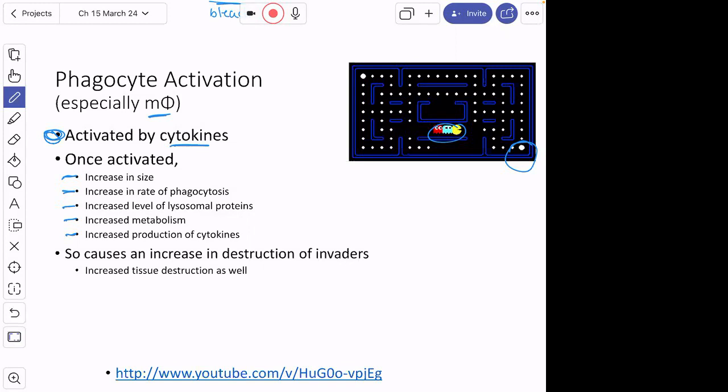So it makes them more effective at causing the destruction of invaders. The downside is that there is a little bit more tissue destruction as well. All these cytokines that it's making are going to act to increase inflammation, and too much inflammation is bad. So there is some cost there.